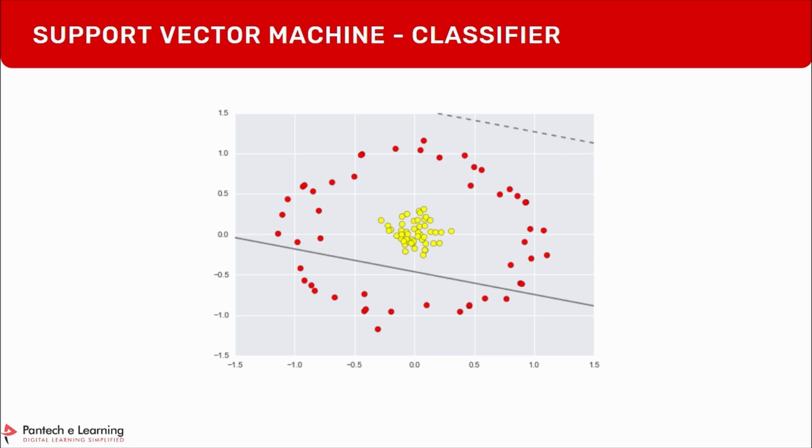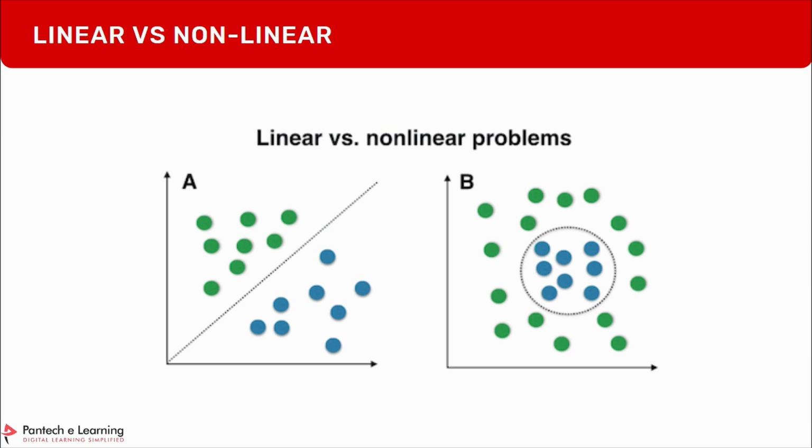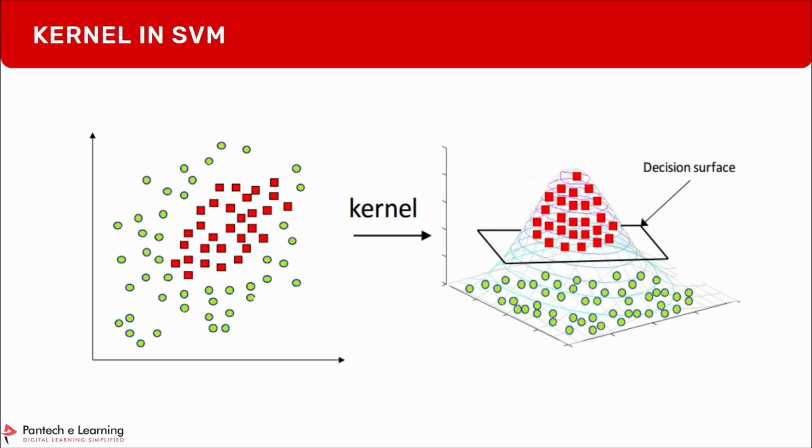If you use it, it helps to overcome this linear versus non-linear data problem. If you imagine our regression problem, in linear regression we used a straight line. But when we went for logistic regression, we skipped that and went for a sigmoid curve. But here, to avoid such problems for nonlinear data, we'll be using something known as a kernel.